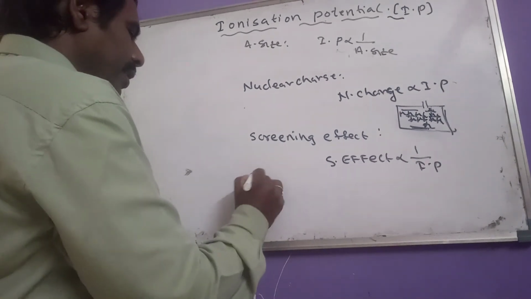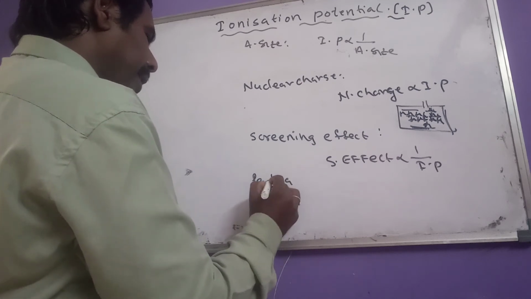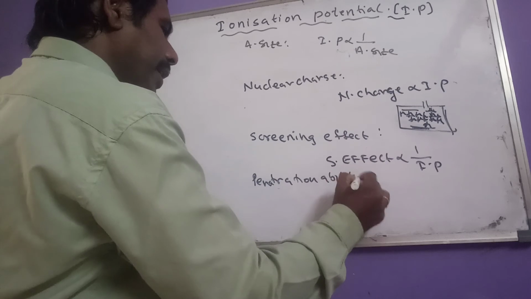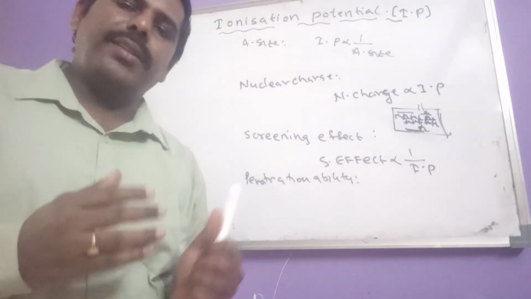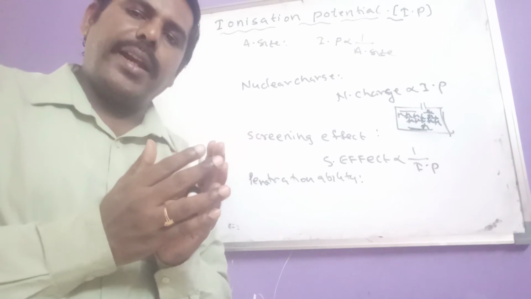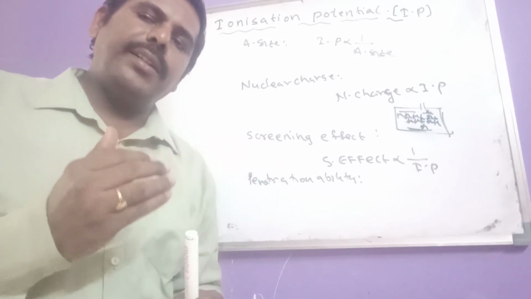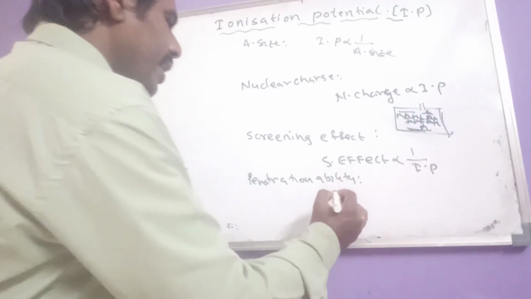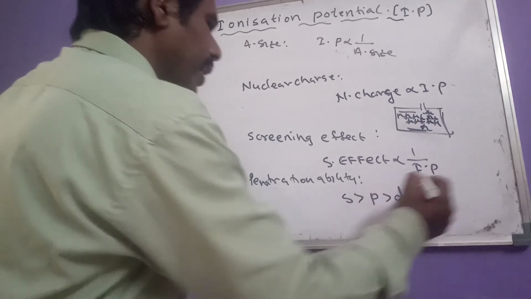And another one, penetration ability. So what is penetration ability? See here. Penetration ability means s, p, d, f orbitals try to penetrate towards the nucleus. But the order of penetrating ability is s orbital greater than p greater than d greater than f.